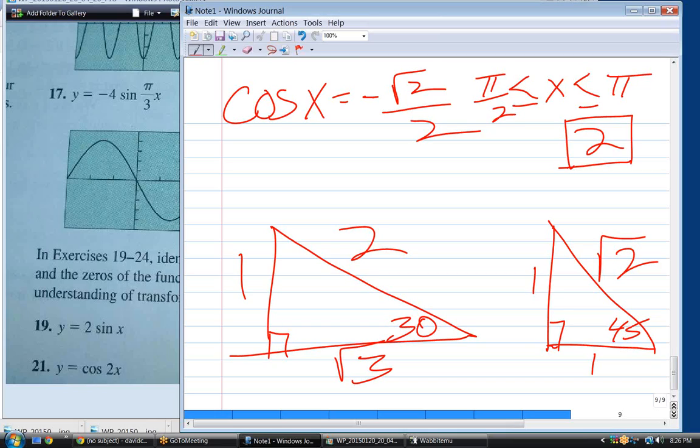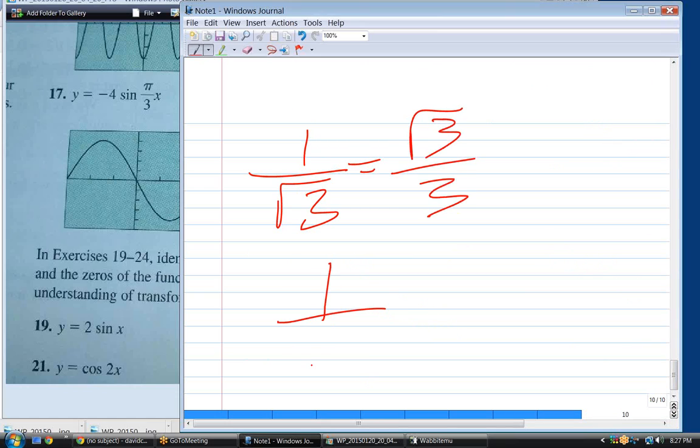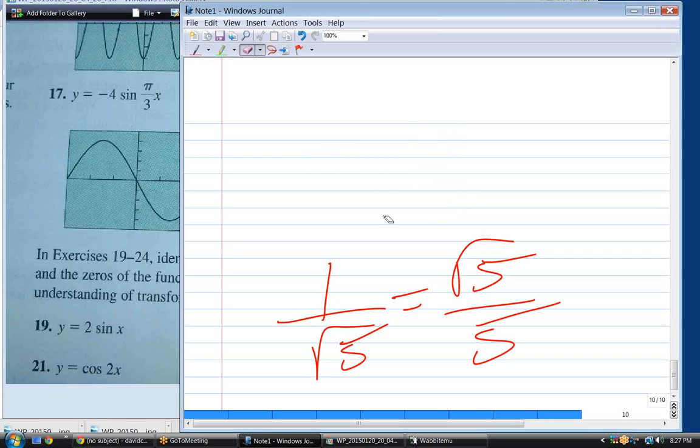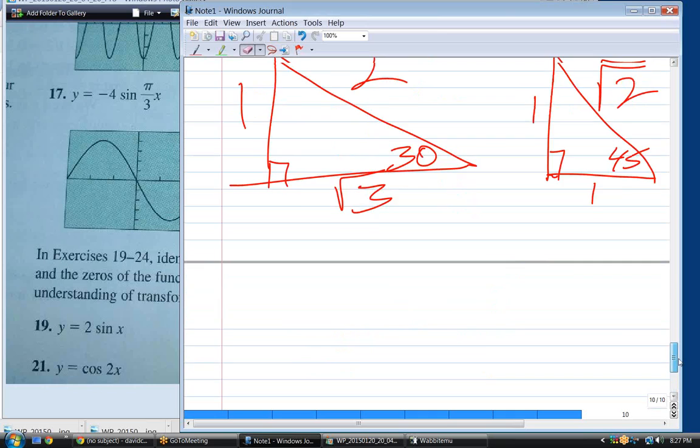As long as you can do this translation, that 1 over root 2 is the same as root 2 over 2. And incidentally, that's the case with everything. 1 over root 3 is root 3 over 3. 1 over root 5 is root 5 over 5. So whenever you're rationalizing something that has an irrational denominator, you can know that.